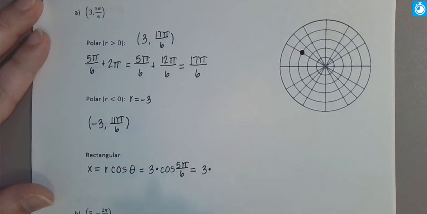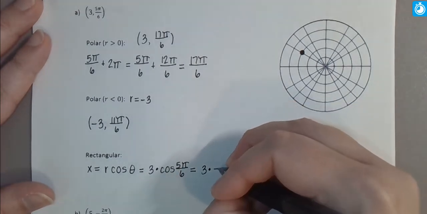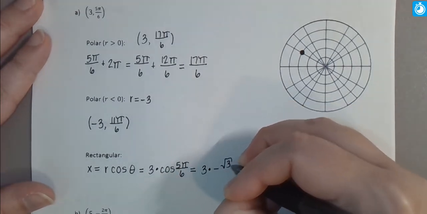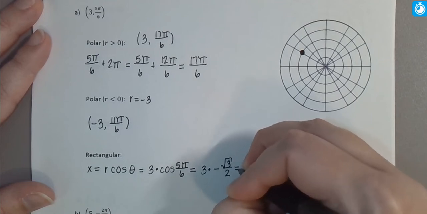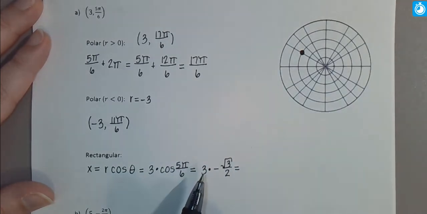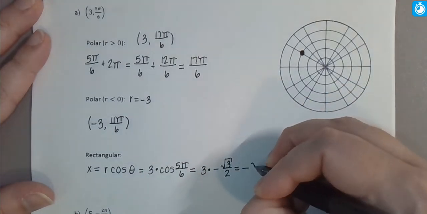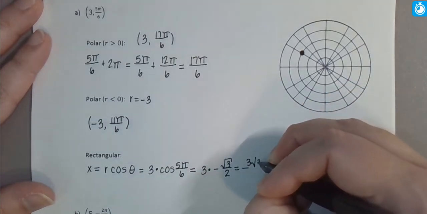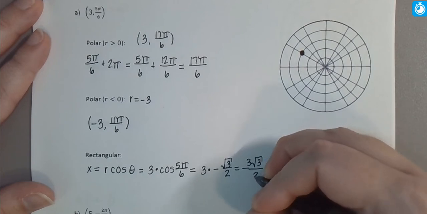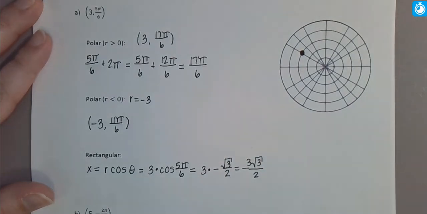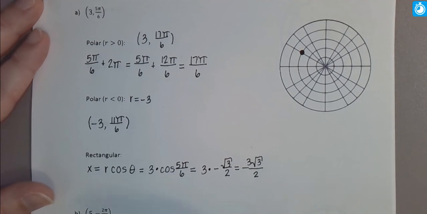Well, the cosine of 5 pi over 6 is going to be negative root 3 over 2. And so if we combine those together, think of this as 3 over 1. So the 3 goes to the numerator. So that's going to be negative 3 root 3 over 2. That's going to be our x coordinate.